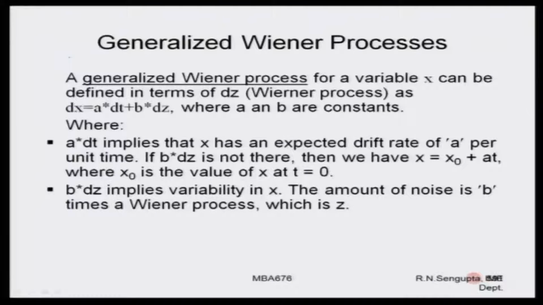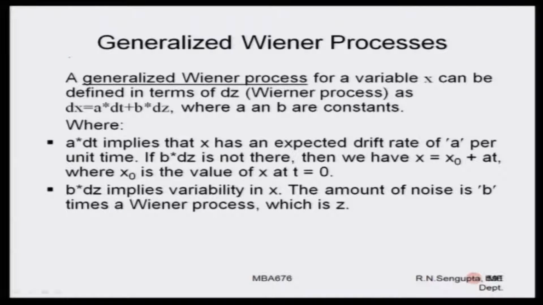So, a generalized Wiener process for a variable x, or z, whatever, these are different symbols I am utilizing, but conceptually it is the same, can be defined in terms of dz, which is the very simple Wiener process.